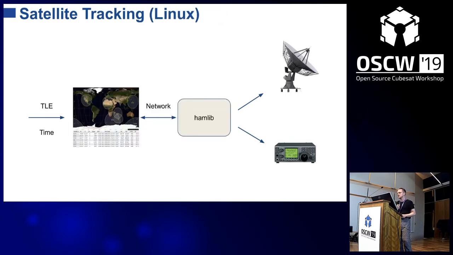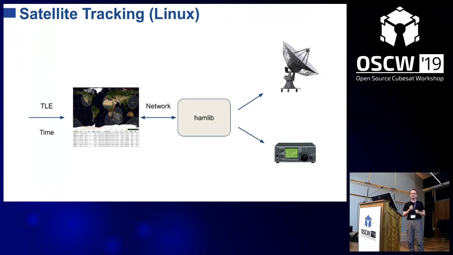Then as we started using Linux more and more, we decided to have a slightly different architecture. Some people wrote a library called Hamlib, the ham radio control libraries, which provided a programming interface to various radio and antenna hardware, so that the satellite tracking applications we wrote only had to talk one protocol. And that could be either directly over serial port or the network.